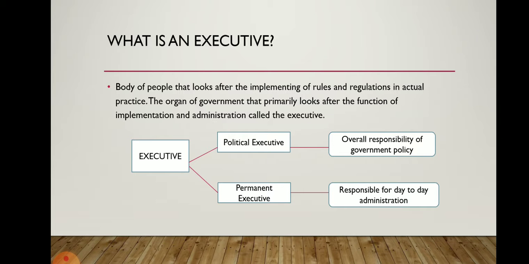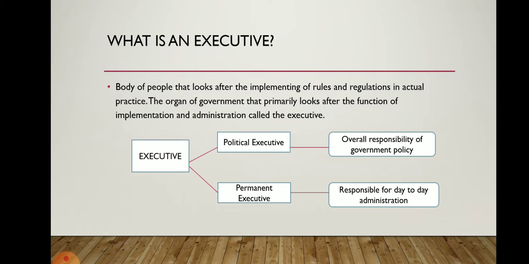Now they have the overall responsibility. Say for example, we have so many departments where the policies are made in India, like health department, education department, defense department. So the entire department is with the political executive.